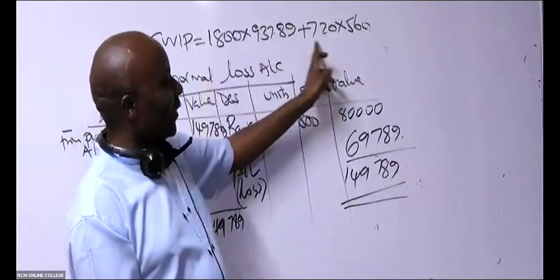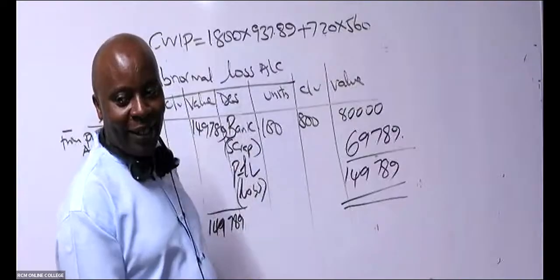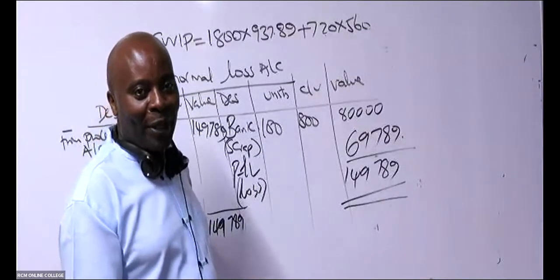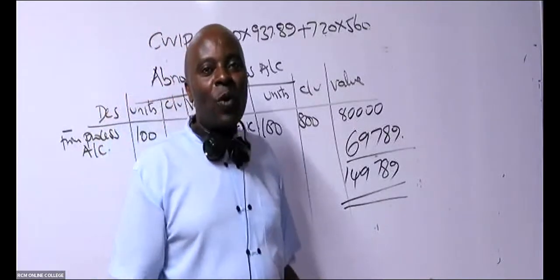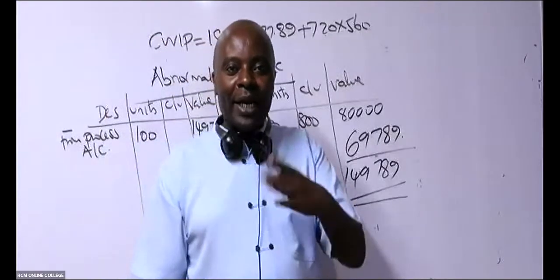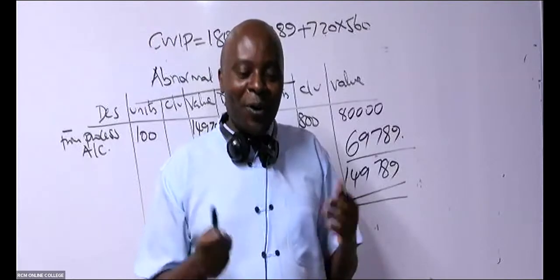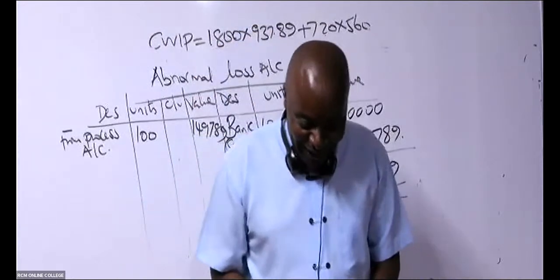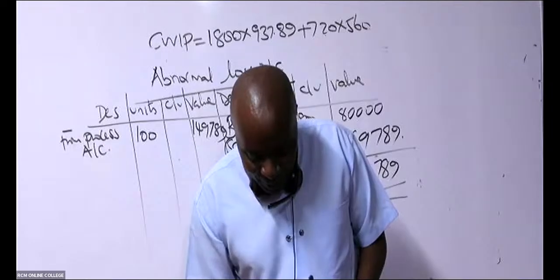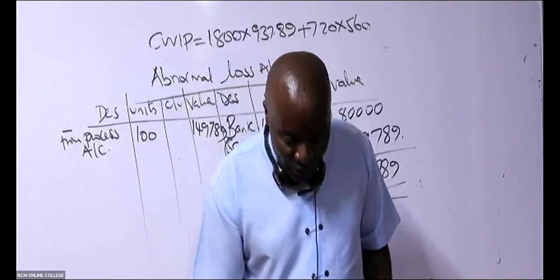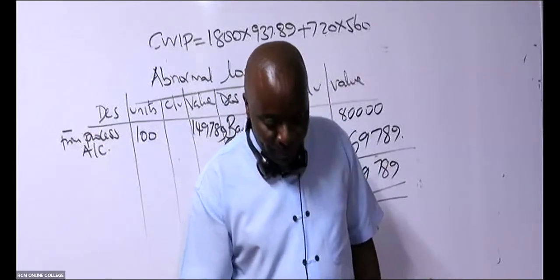It is here, isn't it? Yeah, you simply copy it. That is some of the problem we're getting with students. They were told to value closing work in progress, and then they told the examiner 'as above'. Let me just show you where 800 is coming from.